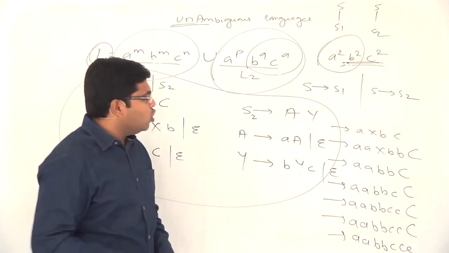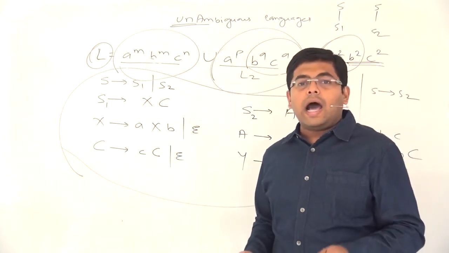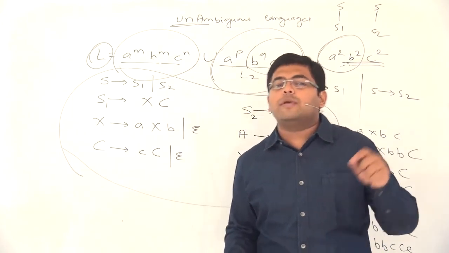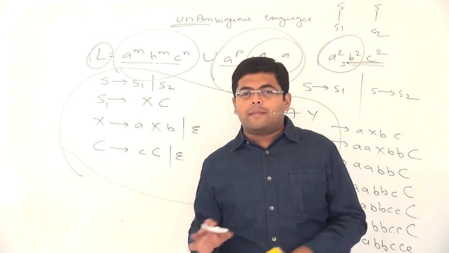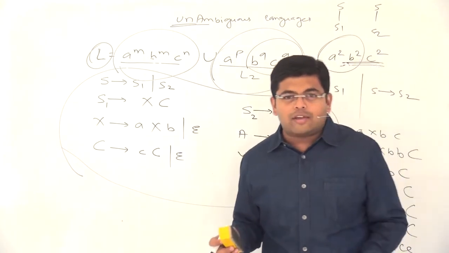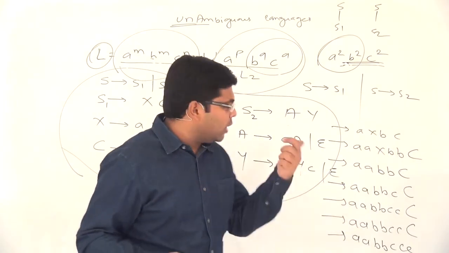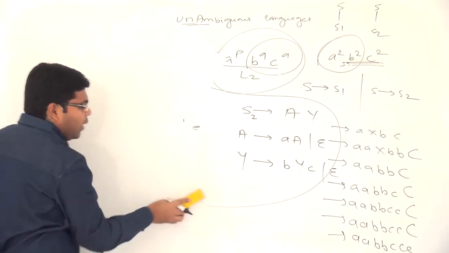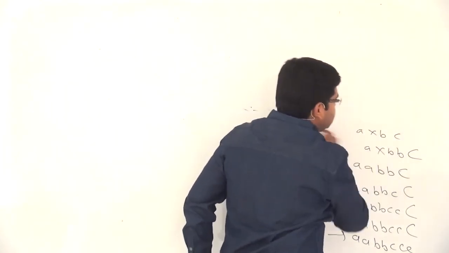So unambiguous languages are characterized by the existence of an unambiguous grammar. Whenever an unambiguous grammar is possible, the language will be unambiguous, and ambiguous languages are characterized by the non-existence of an unambiguous grammar. So let's write down certain simple definitions for ambiguous as well as unambiguous languages.